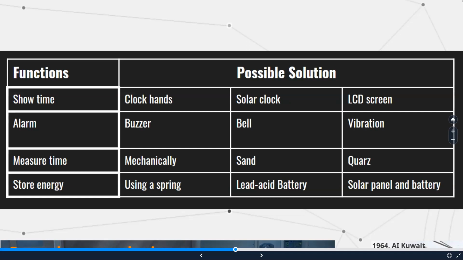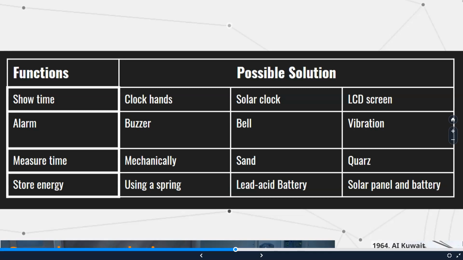In the morphological table, we're going to put the functions we set with the possible solutions. For example, I'm showing a morphological table of a clock. It should be an alarm clock. The alarm clock has to show the time, have an alarm, tell me that I have to wake up, measure time, of course, and store energy.